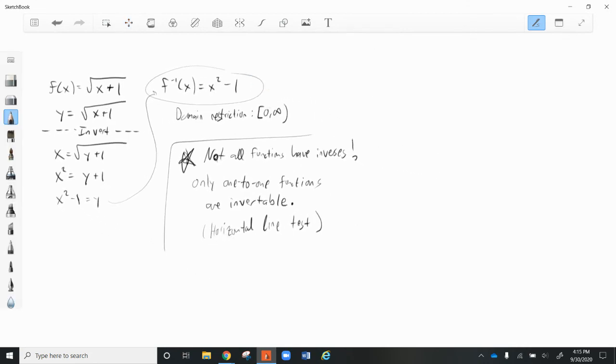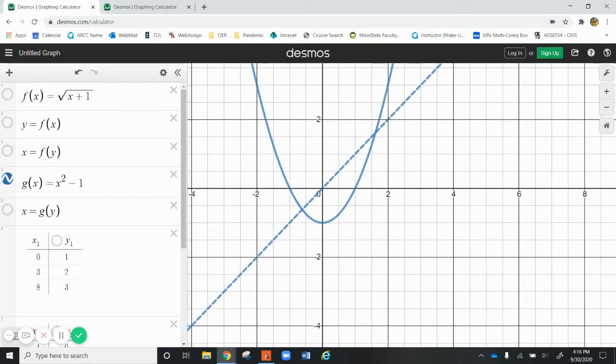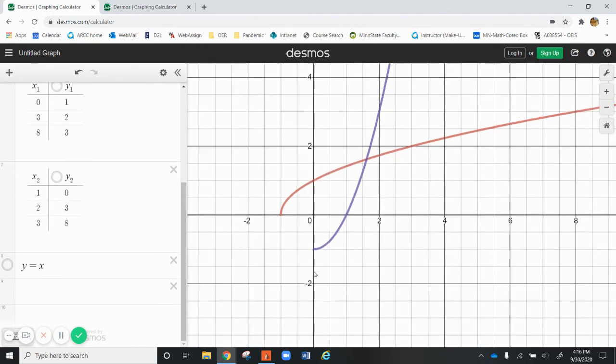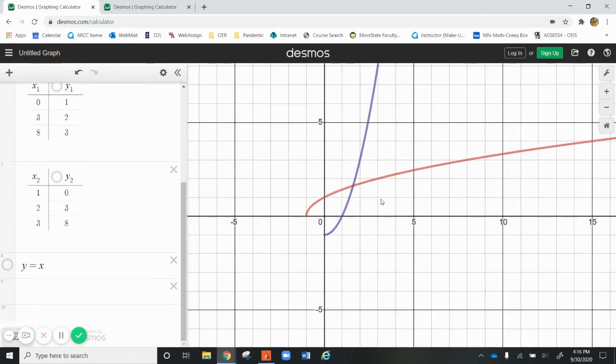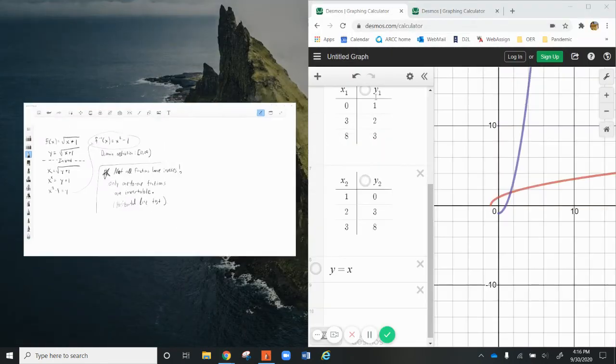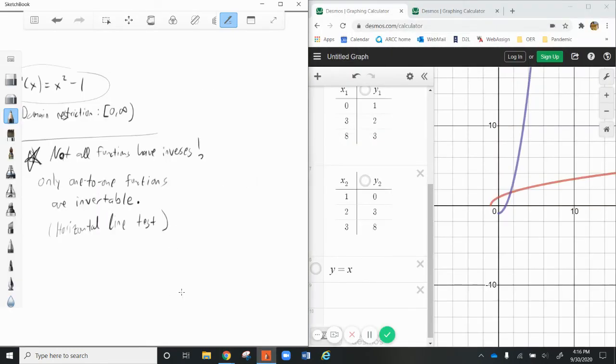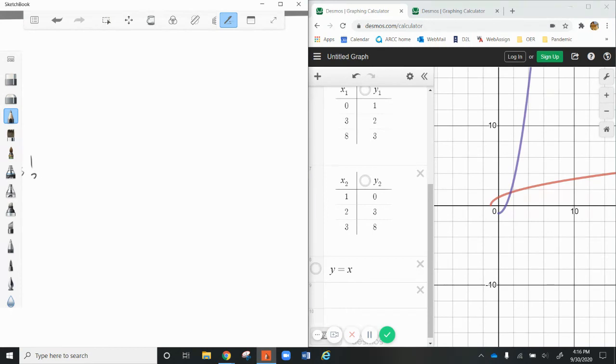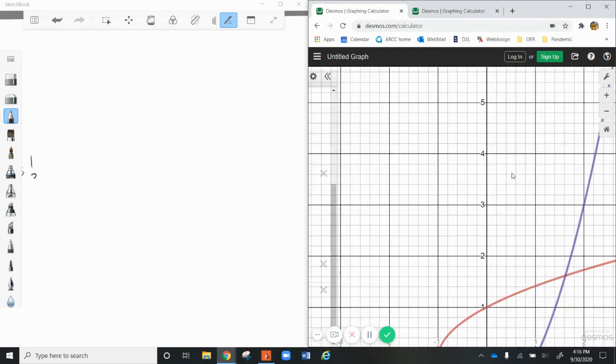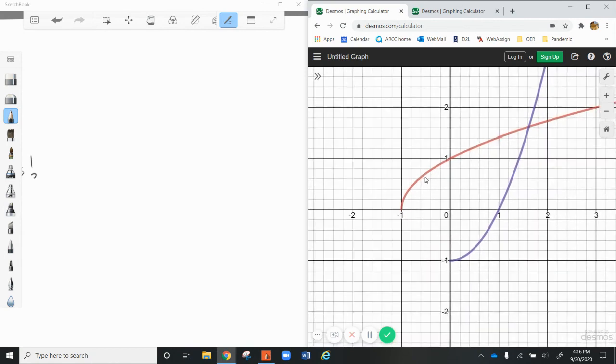So if we look back at our f and our f inverse, let's get rid of that diagonal line. In this graph right here, f is in red, and f inverse is purple.